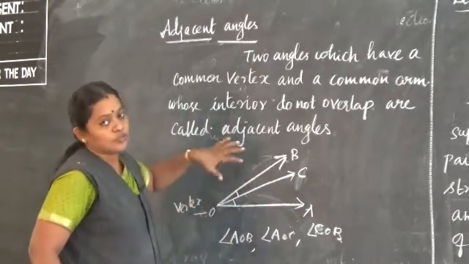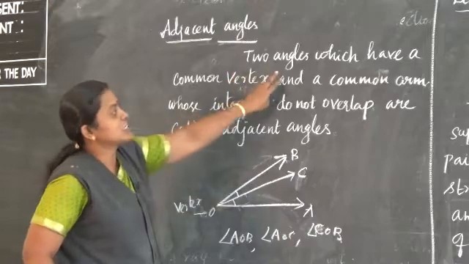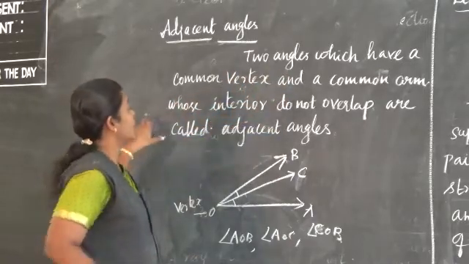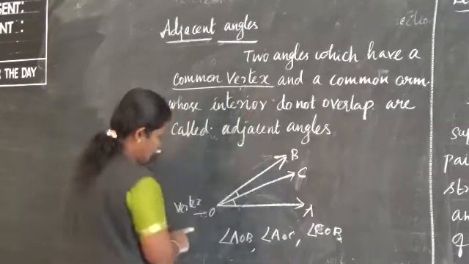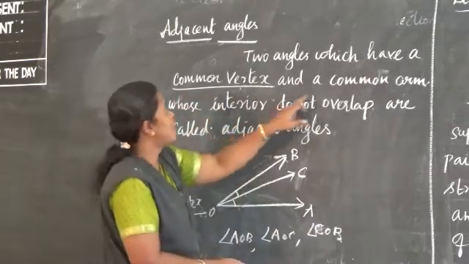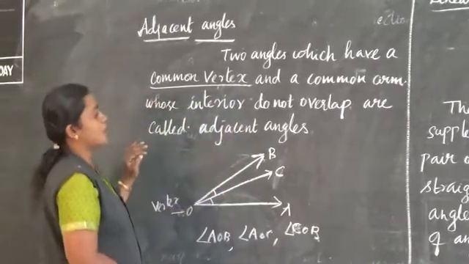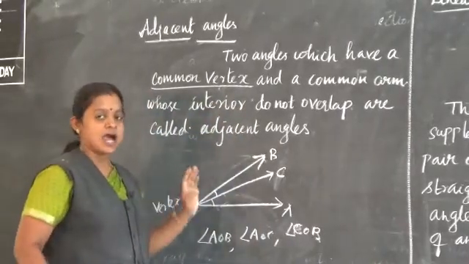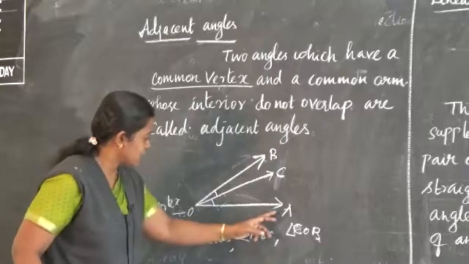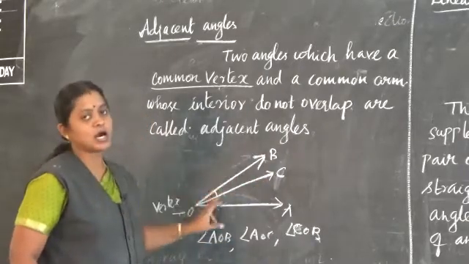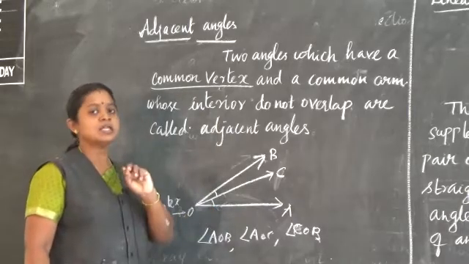So now we can define: two angles which have a common vertex and a common arm, whose interiors do not overlap, are called adjacent angles. So here we can say AOC and COB are two adjacent angles.